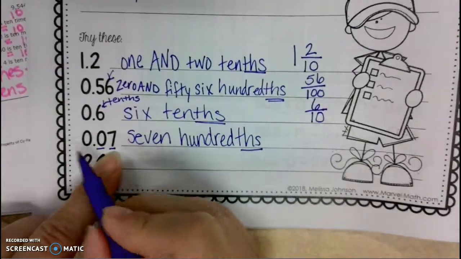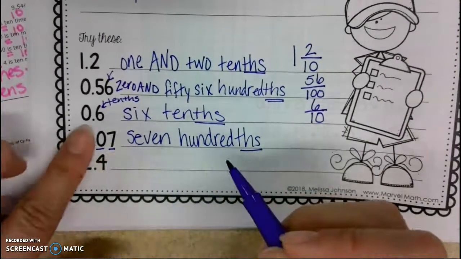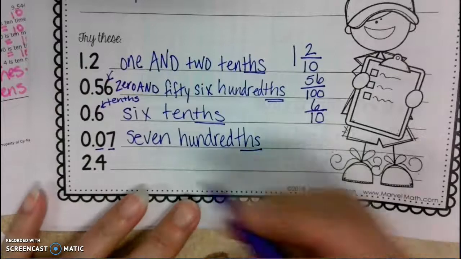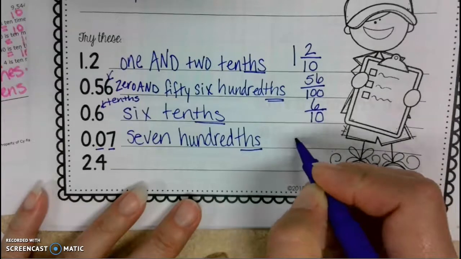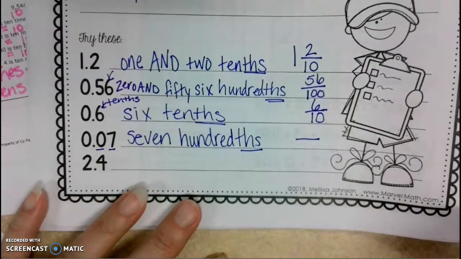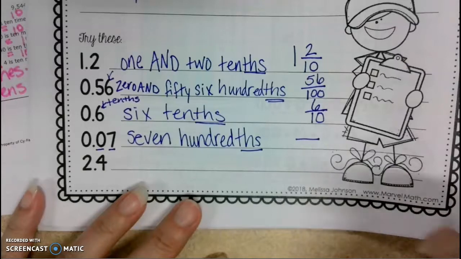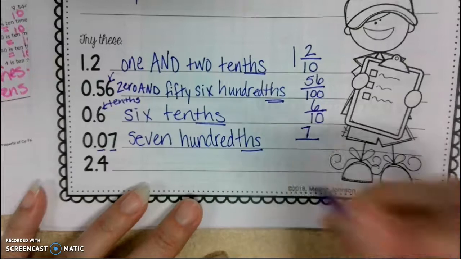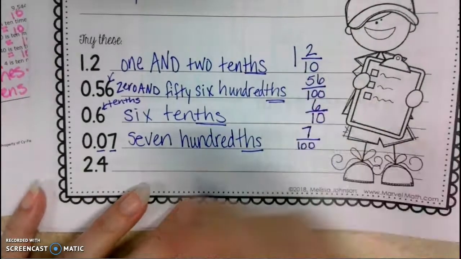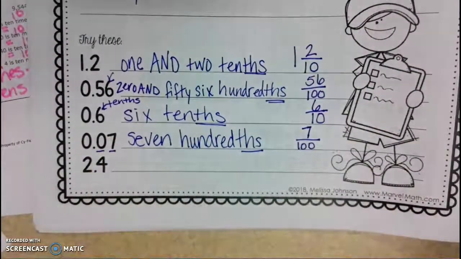You could say 0 and 7 hundredths, but you don't have to put the 0 on the front. What would that look like as a fraction, guys? Numerator is the top, denominator is the bottom. 7 on top, 7 is my numerator, and 100 on the bottom. My denominator is 100 because it goes to the hundredths place.